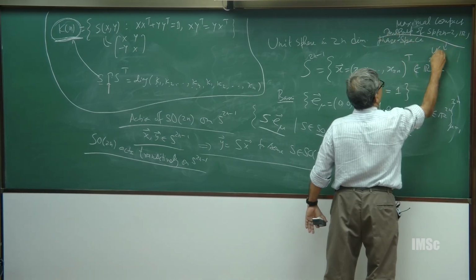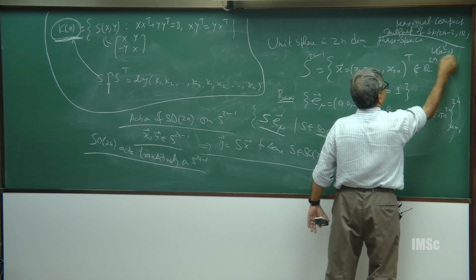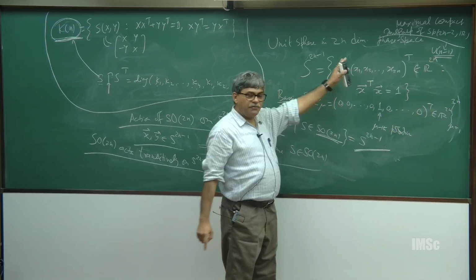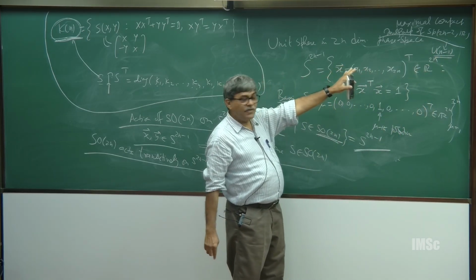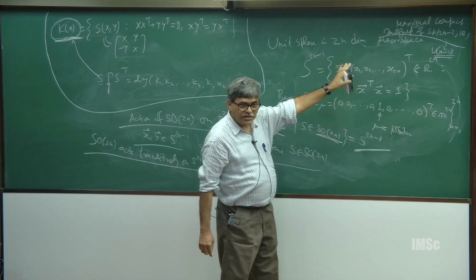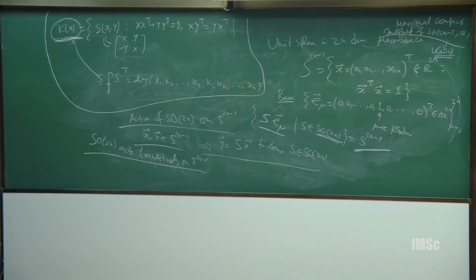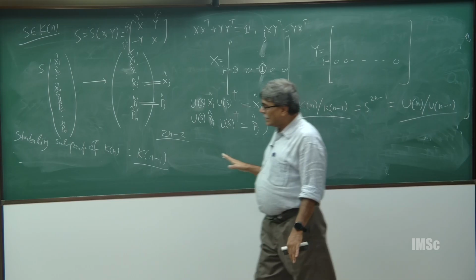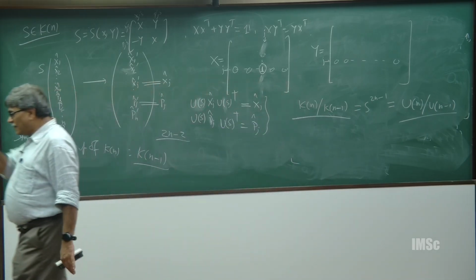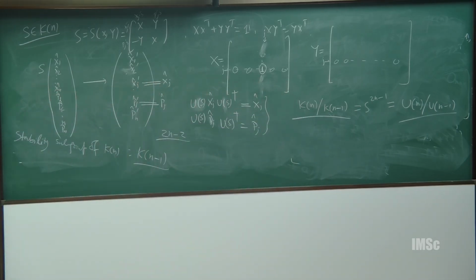This is U of n minus 1. In the case of Sp 2n R it was U n, now it is U n minus 1, right. So you can also argue that this is nothing but this coset space U n by U of n minus 1.